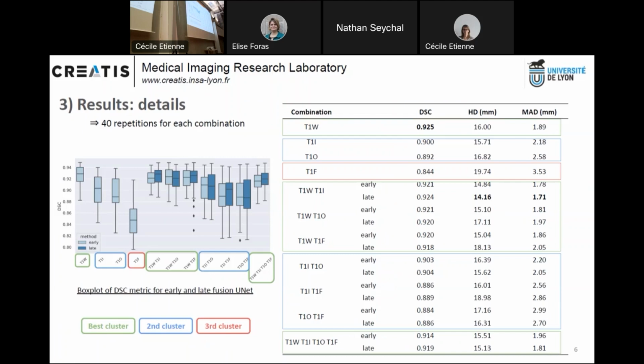And it's always the T1 water image combined with the other types of images. However, finding one best combination among this cluster was more difficult, since there wasn't a significant difference big enough in order to really conclude on the best combination.